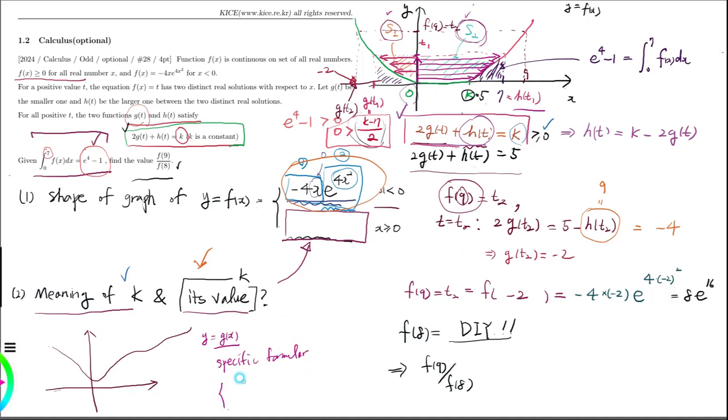Maybe it has a separate domain. Let's say x is negative and x is not negative, but usually it gives you the specific formula for the separate domain. But in this part, it does not give you a specific formula for the other part of the domain.